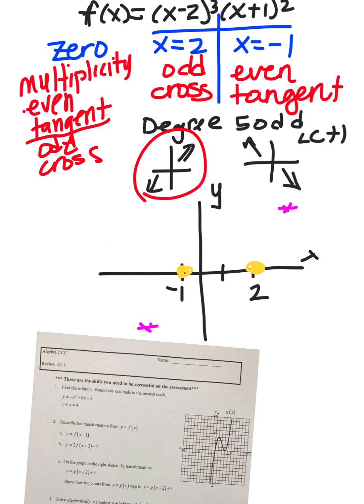And remember I said always go through the points before you start graphing. So for -1, it's going to be tangent. It's going to bounce and it's going to cross. Bounce, cross, tangent, cross. Okay, so my graph is going to look like this. It's going to come up from down on the left. It's going to bounce down and come back up and cross.